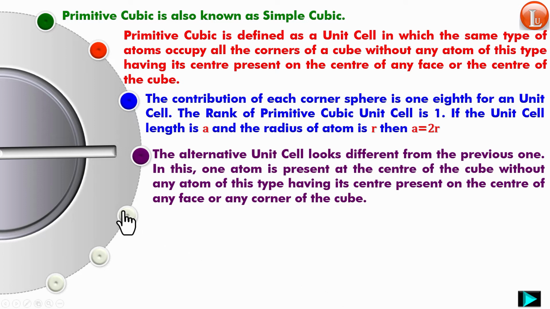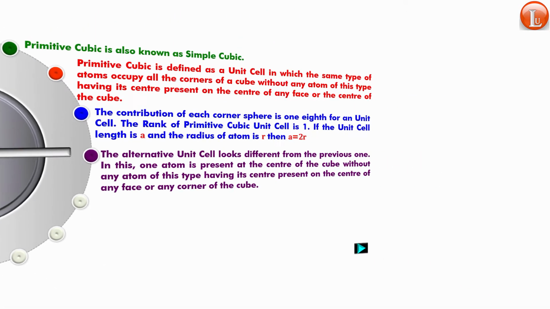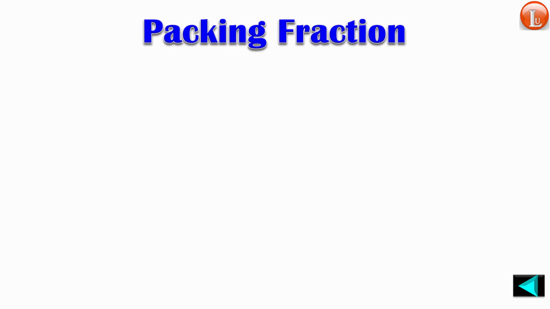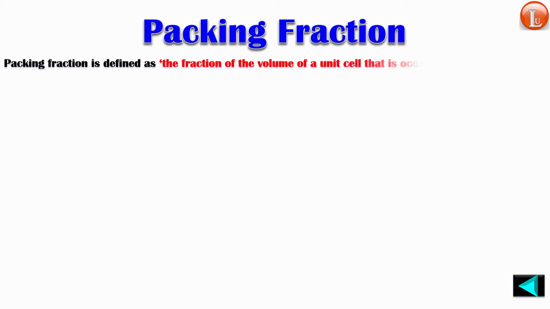Now let's look at a term called packing fraction. Now what is packing fraction? Packing fraction is defined as the fraction of the volume of a unit cell that is occupied by the spheres or the atoms or the ions or the molecules.